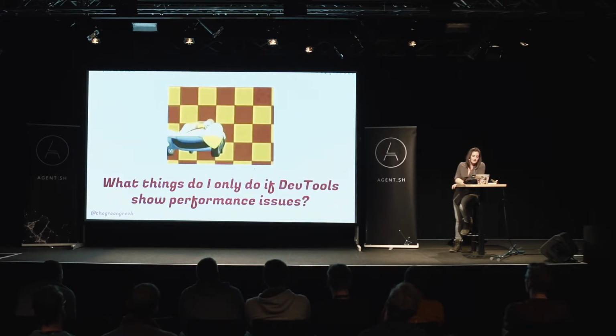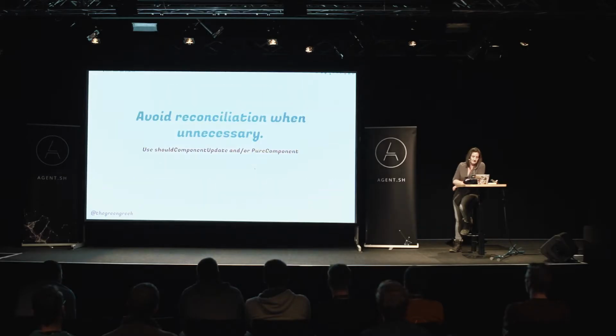So which things should we do only if dev tools show performance issues? We're still in the core React part. We're still just looking at the trees, but not the forest. Sometimes we don't need React to go through that whole process of reconciliation because we know the cases when a component shouldn't re-render.